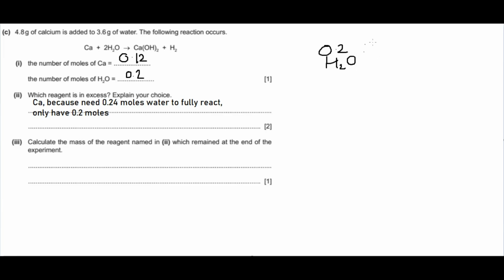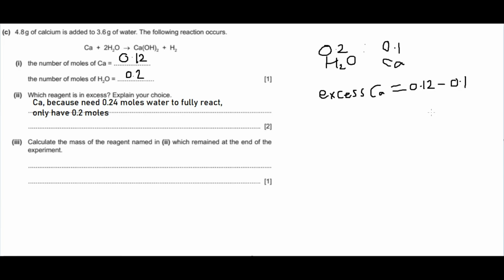Well, in this case, I divide it by 2, so that means it's going to be 0.1. How much did I start with? Well, we worked out before, I've got 0.12. So my excess calcium, what I've got left over, the stuff that doesn't react, is going to be 0.12 minus 0.1.